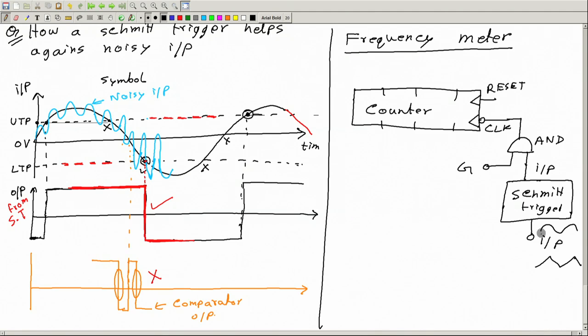They can be noisy like this, but here it will become a non-noisy rectangular wave with the same frequency as this input signal, which can be noisy. Thank you, and let's study this more in the next class.